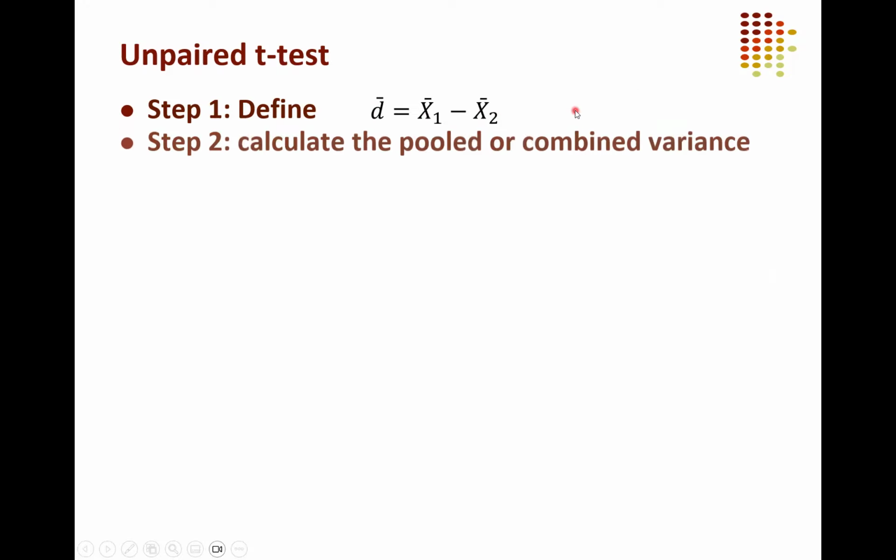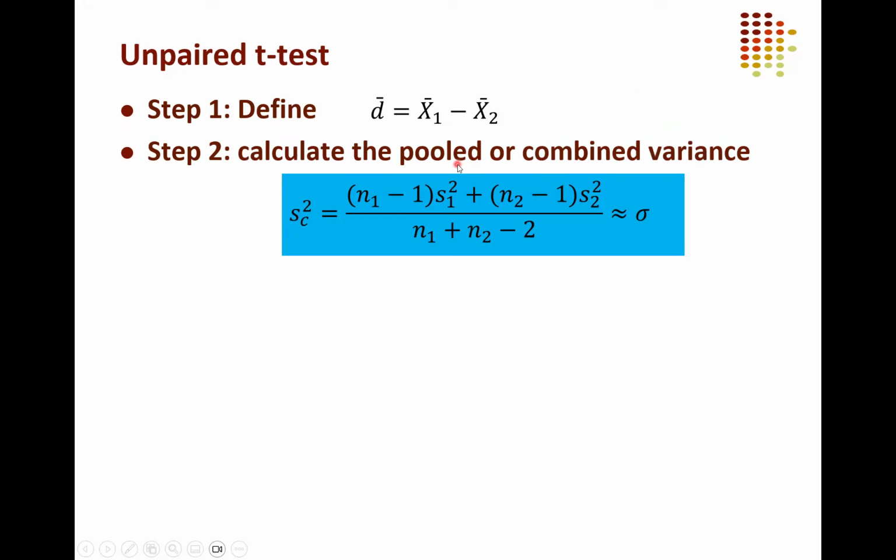After that, we would like to calculate the standard deviation in this variable d, which is required in the t test statistic calculation. So we will first calculate the pooled or combined variance. We assume that the two samples belong to the same population.